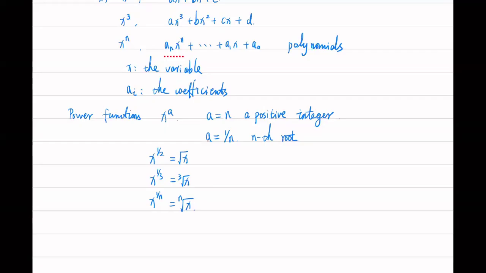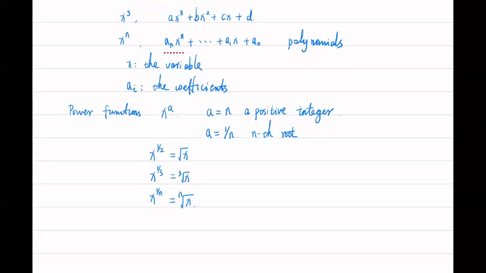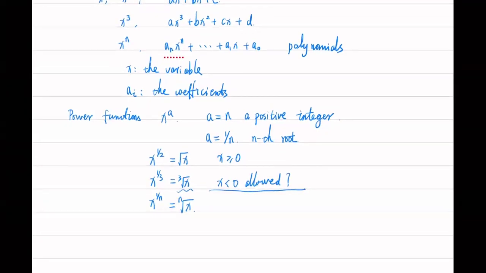For the square root, we say, okay, x cannot be negative. Okay, that's very common. But for this one, do we allow negative x? Again, this is a choice. Sometimes some people allow this and some people don't allow it. It depends on who is teaching the course.